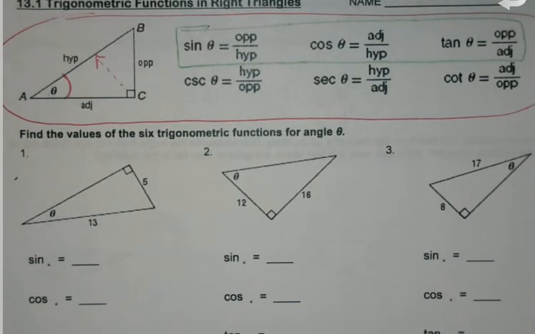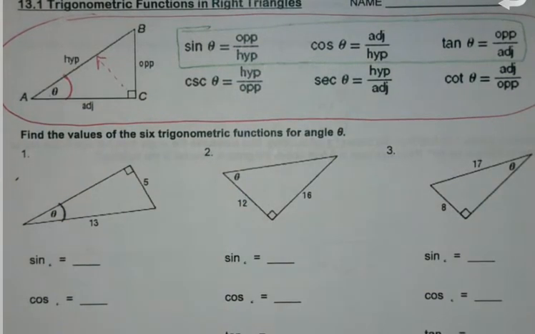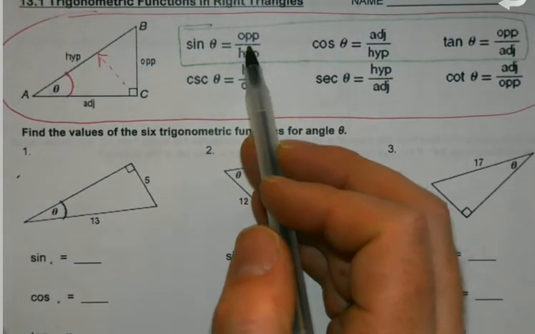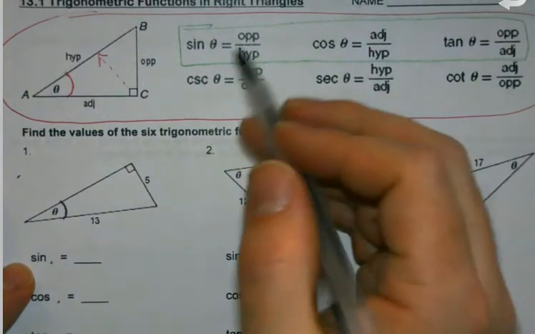Right off the bat, we're going to see if we remember something else here. As you look at numbers 1, 2, and 3, it says find the values for the 6 trig functions. So I've got my angle here. Sine's first.